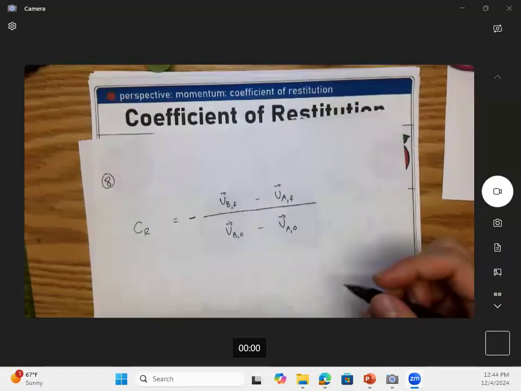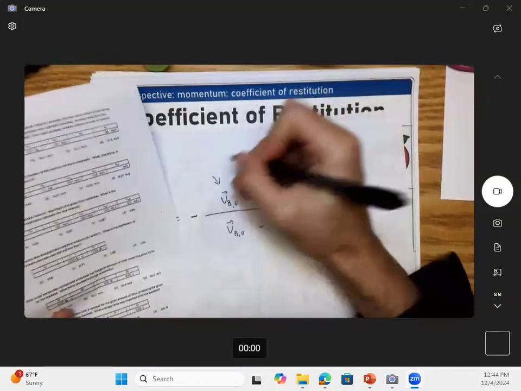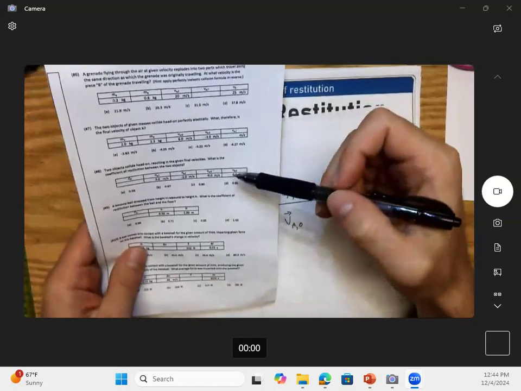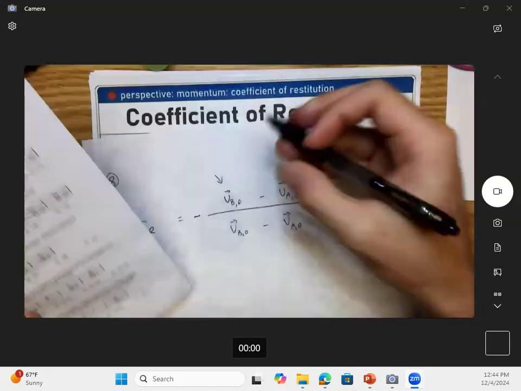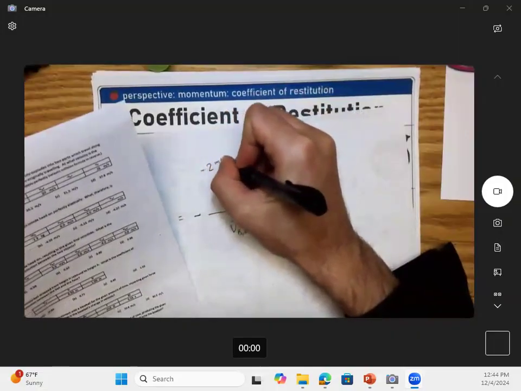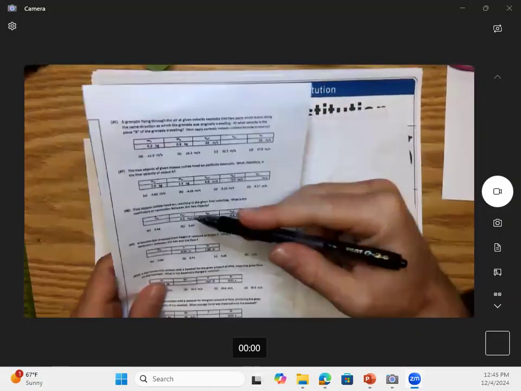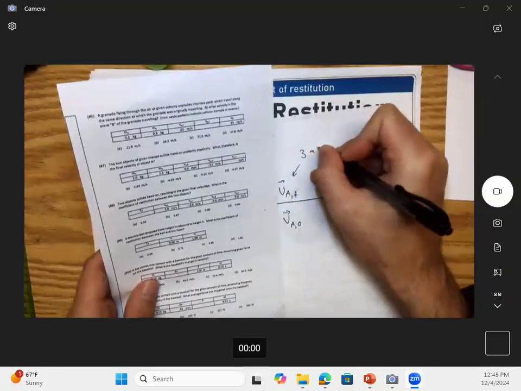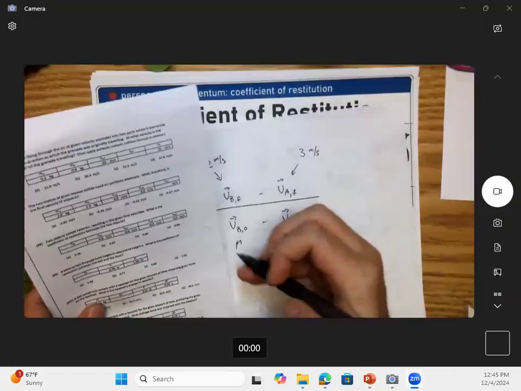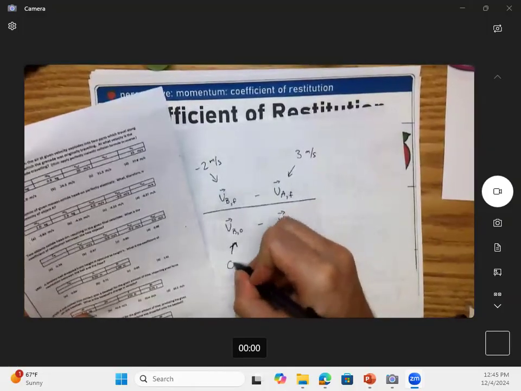Right, so let's put some numbers in here. Velocity B after, what is that? Yeah, it's got a -2 meters per second there. Velocity A post collision, got 3 meters per second there. B before. Ooh, looks like this one started at rest.